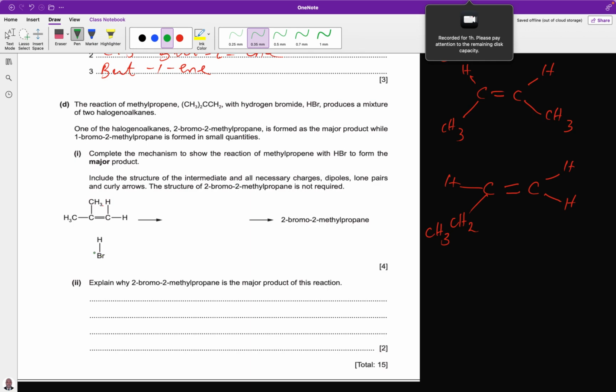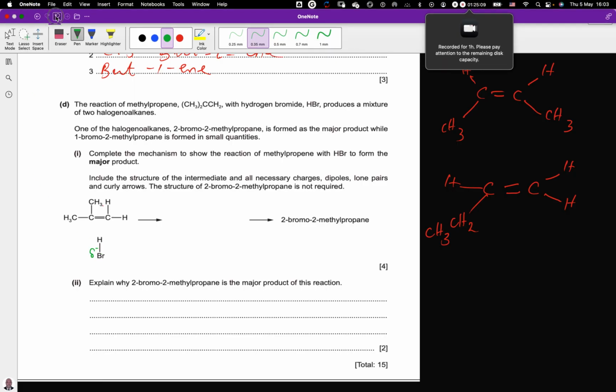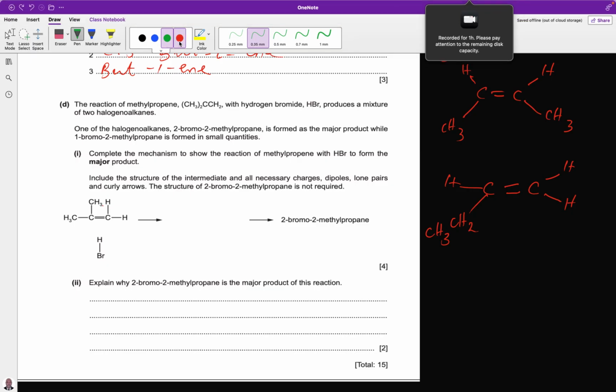Because of electronegativity, bromine has a partial negative charge and hydrogen a partial positive.